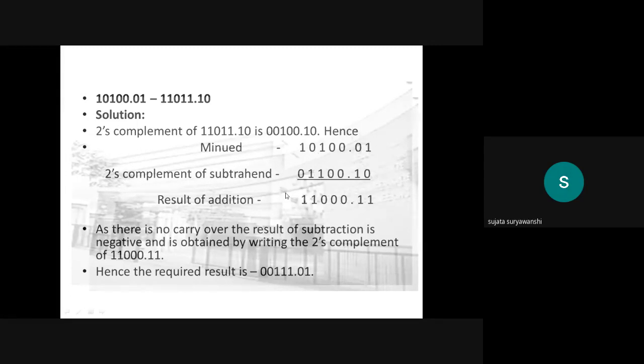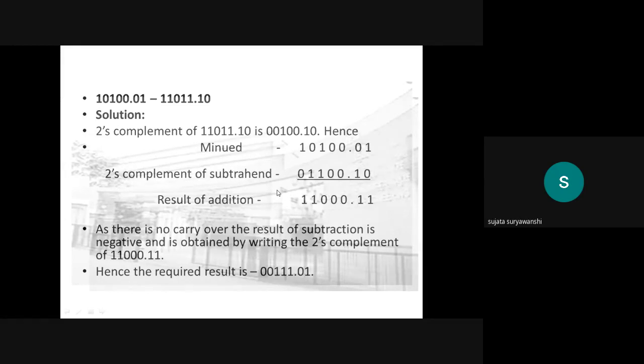If you are getting a 7th bit as a carry, and if the carry is 1, then your number is positive and it is in true form, means this is your result. No need to convert it into another form. Discard that carry and your result is positive.